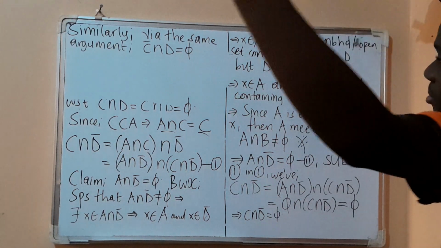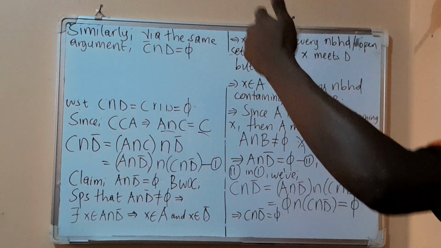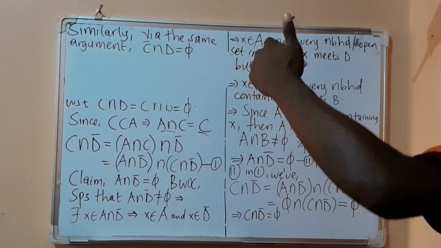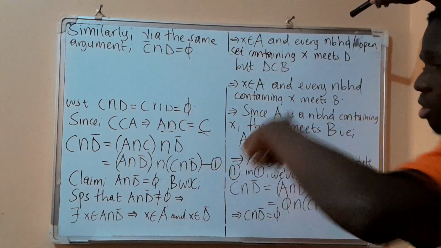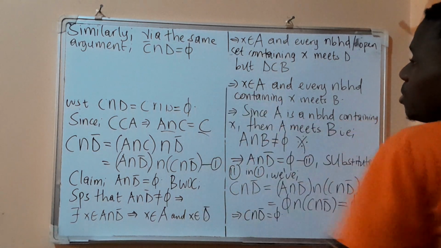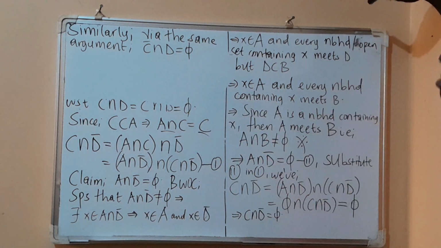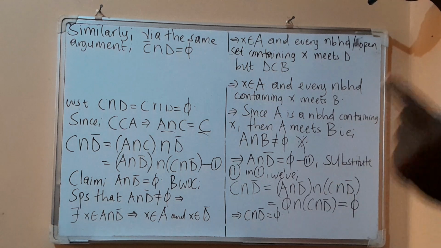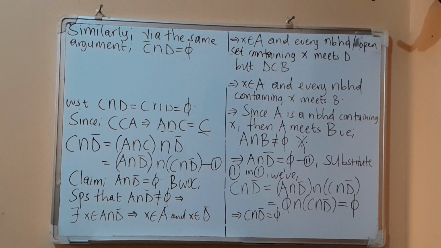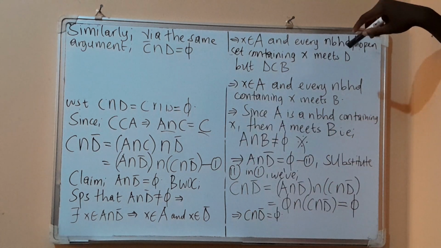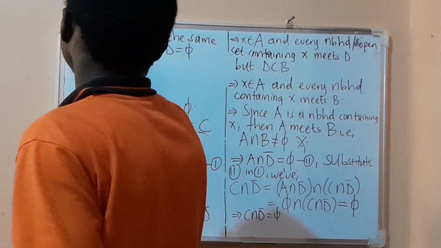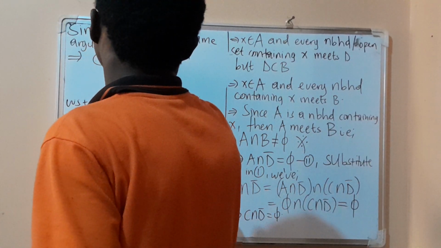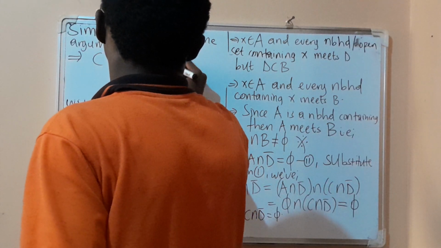So you start in the same way. You just interchange the roles. At first I considered the closure of D. Now in the second stage you will consider the closure of C. And where there is D, since D is a subset of B, you substitute D intersection B. Then you follow the same argument. You will realize that C closure intersection D is actually an empty set. So this implies that C and D are separated.